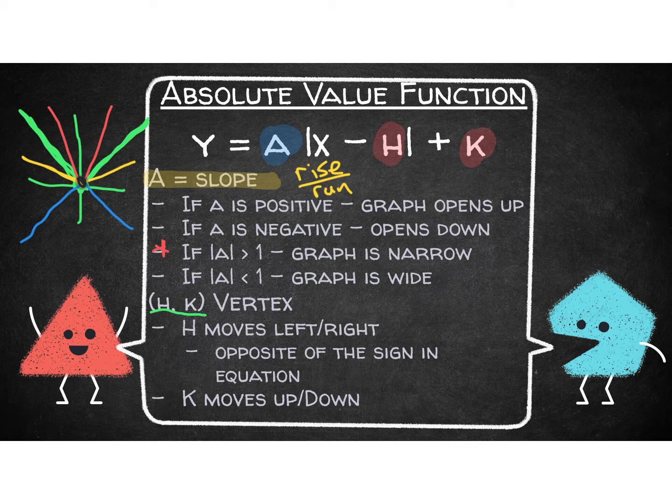The h is going to move the graph left and right. So we're going to move left and right based on whatever the h is. If it says minus h, we're going to go right. And if it says plus h, we're going to go left.